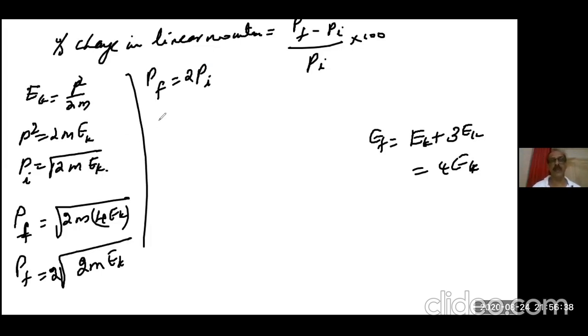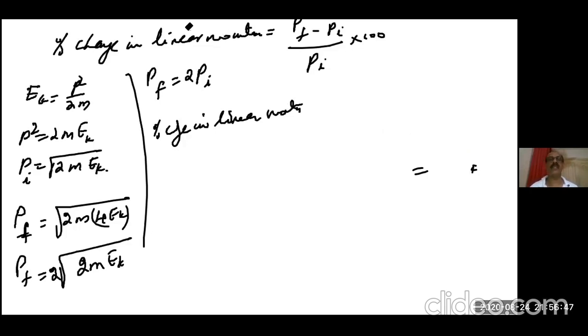Substitute now. Percentage change in linear momentum is equal to PF minus PI divided by PI into 100. PF is how much?